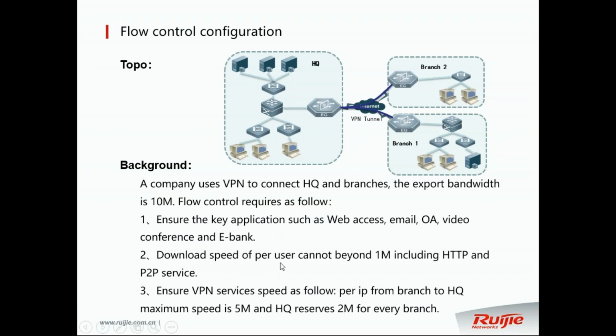For example, the download speed per user cannot be under 1 megabit, because the export bandwidth is 10 megabit. This speed includes HTTP, the web service, and also the P2P service, where normally someone downloads films. And the third part: ensure the VPN service speed per IP. This is about the VPN flow control. This is a little different because this is VPN traffic.